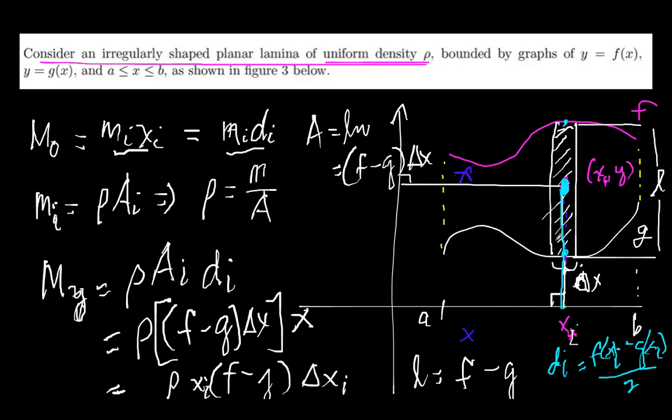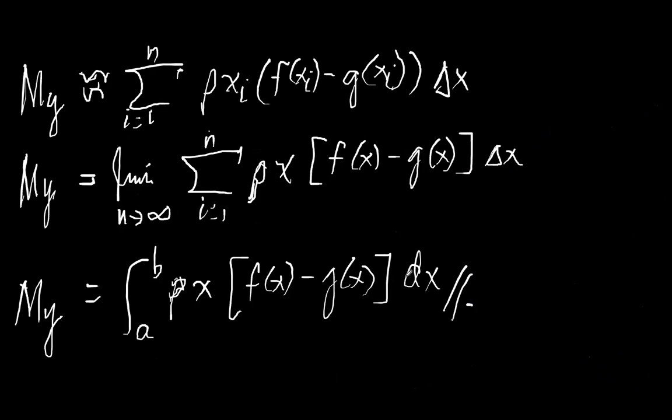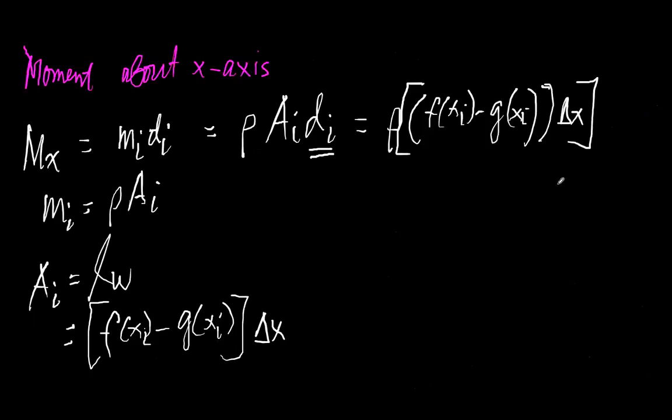So it's just like computing the distance of the object in a real number line. I hope you still remember that. Okay, so let's substitute the expression that we got. That's f of x sub i plus g of x sub i divided by 2. This is for the distance, or d sub i, okay?